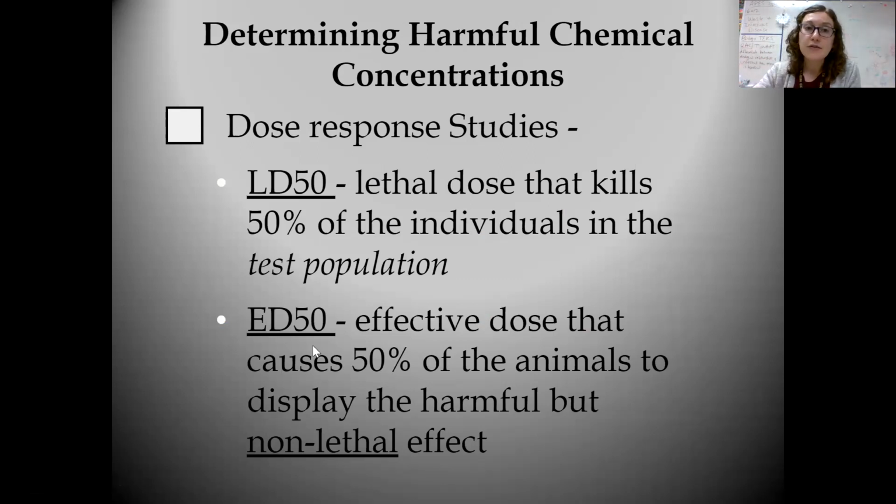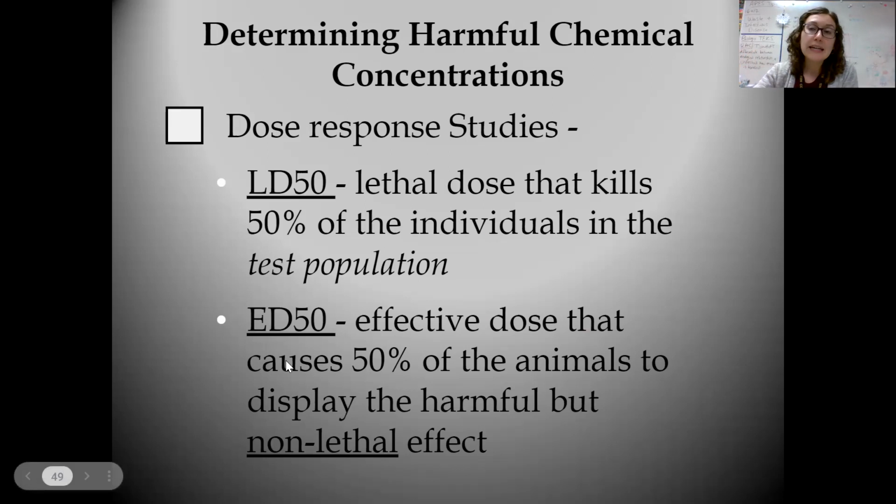The ED50 is the effective dose that causes 50% of the animals to display harmful but non-lethal effects. So while LD50 is the amount we need for 50% of the population to be killed off, ED50 is the dosage where 50% of the population is showing bad side effects, though they're not dying.